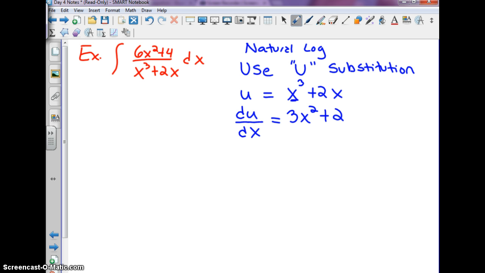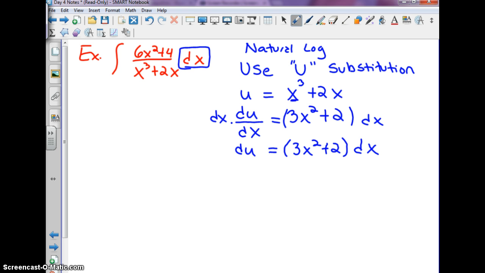Okay? Again, this looks really, really close to what I have over there in my problem. I'm going to multiply by this dx, which is going to give me du. And now I have 3x squared plus 2 dx. Okay. If I look back to my problem, I don't have a du. I have a dx. And if I'm playing a game of substitution, I need to substitute what I have.